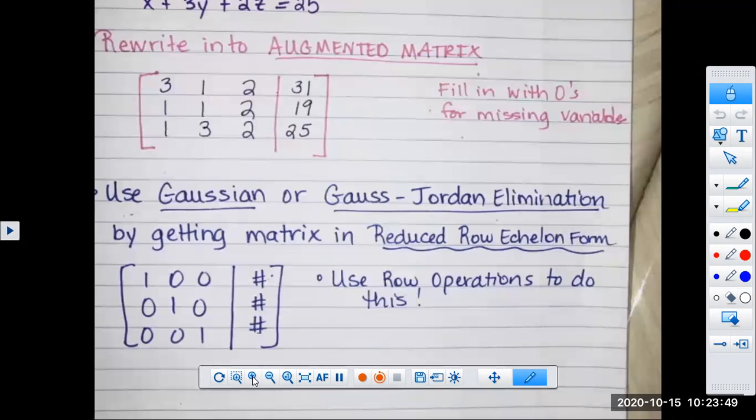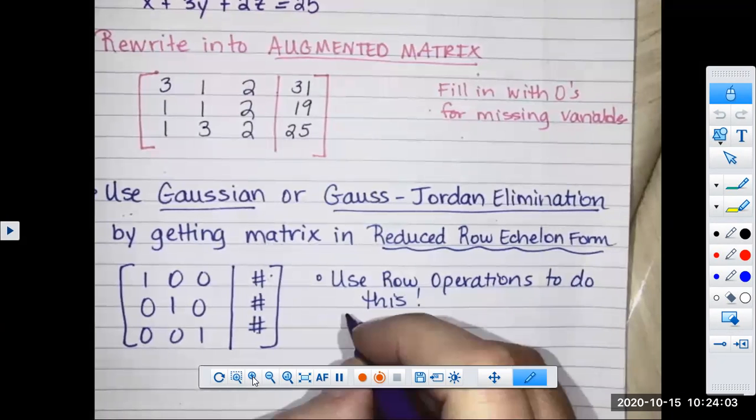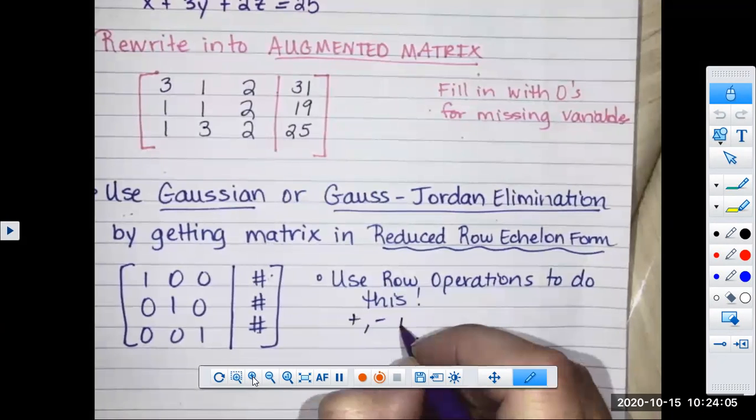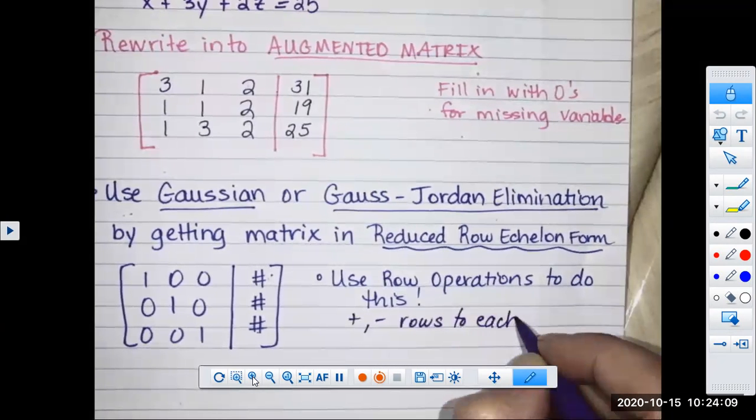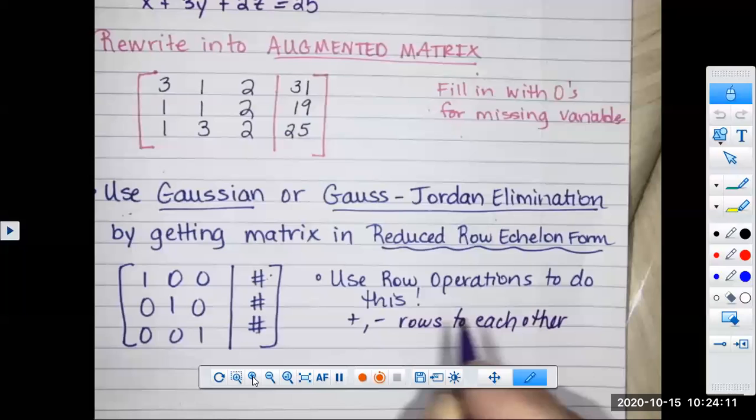Do you remember solving systems using elimination last year when you multiplied an equation by something and added it to get things to eliminate? That's kind of what we're doing. You don't have to write this down, but you can. You can add and subtract rows to each other. You can also switch rows.